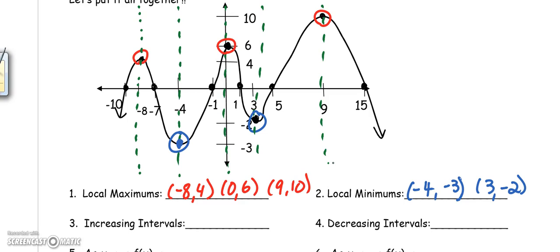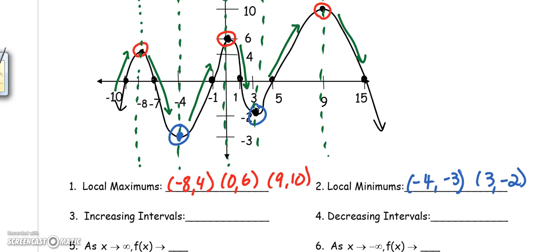Then I'm going to start at each interval. I'm going to put in the arrow to show which direction it's going because that's going to make it really easy to write if it's increasing or decreasing. Again, we're just looking at if we move from left to right in that interval, which way it's going.